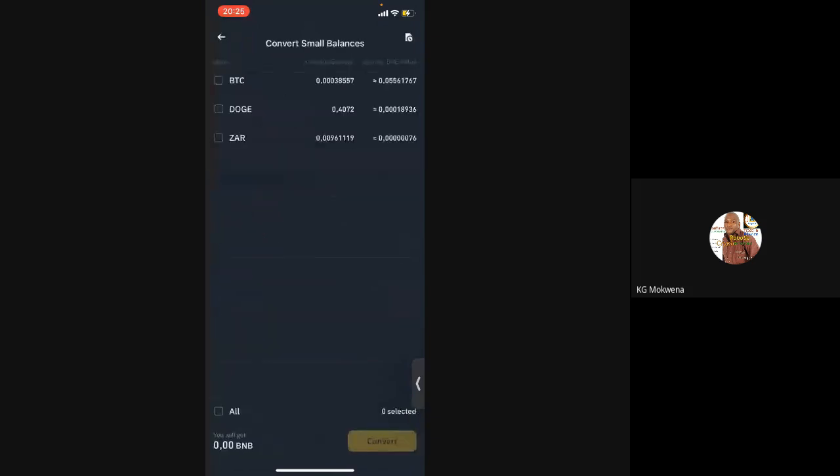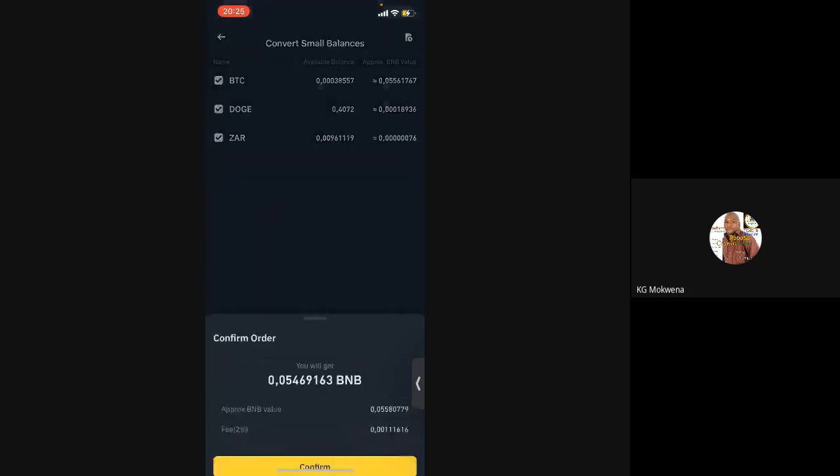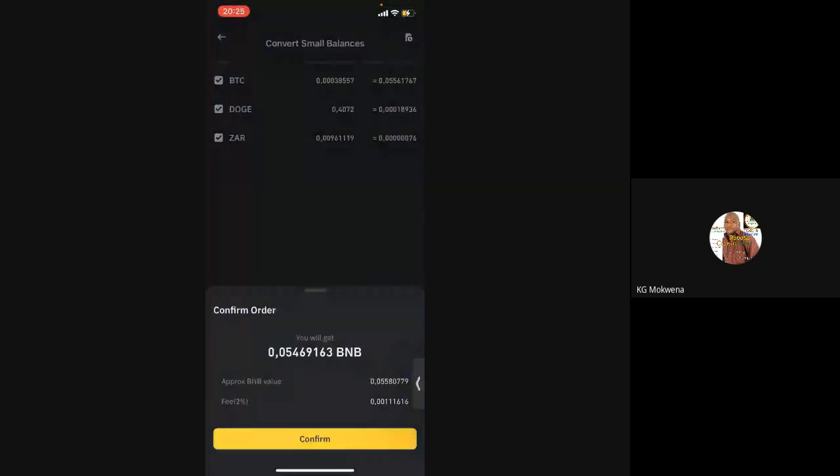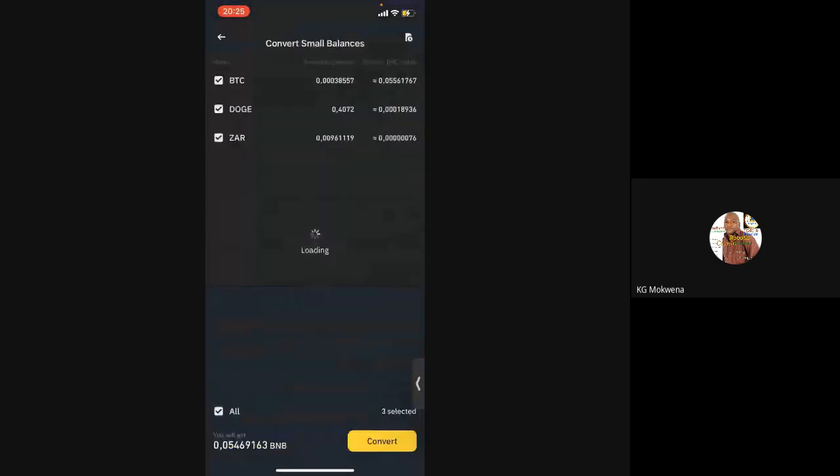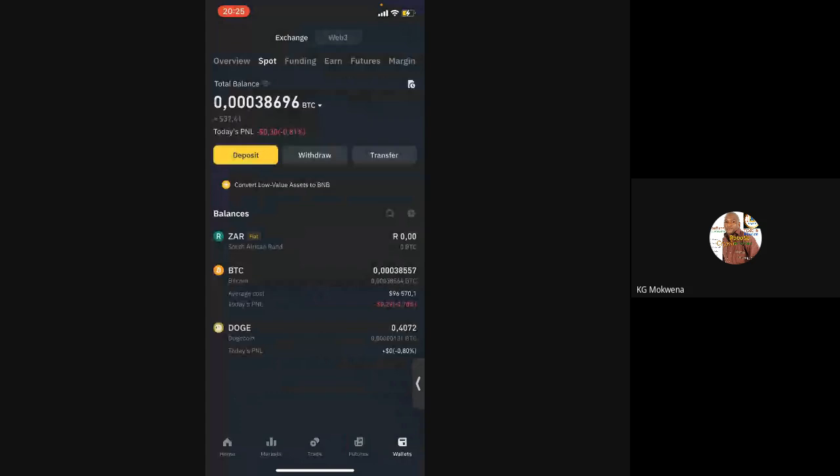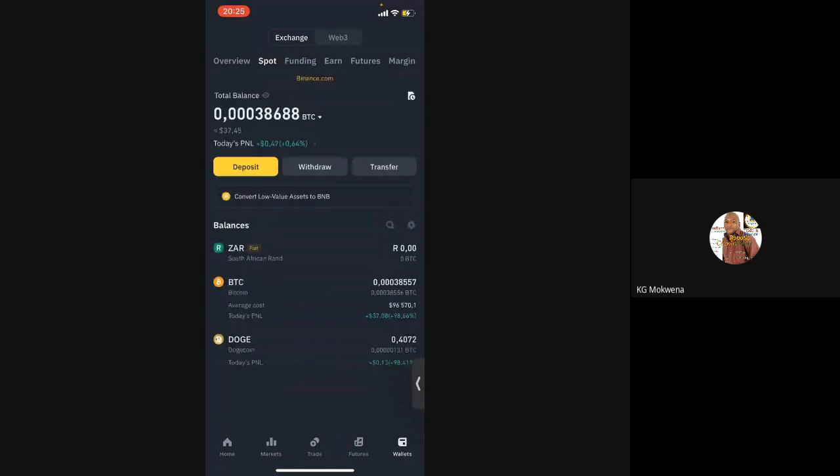They will charge us nothing to do that. So select everything there. At the bottom left, click all and convert. Yes, and then convert at the bottom right. So we are converting all these assets to BNB. They charge very small for this. And then you are even able to convert assets that are not able to be converted on the convert button.